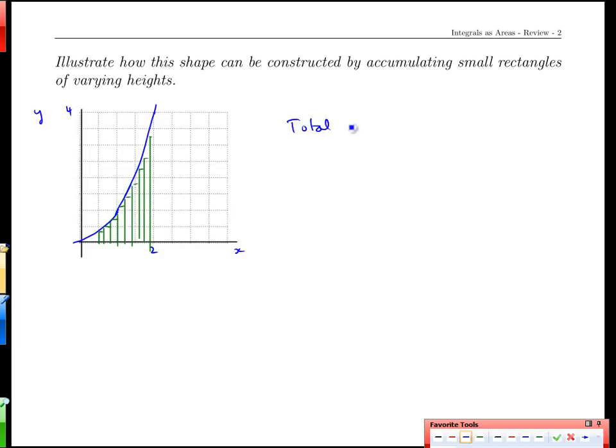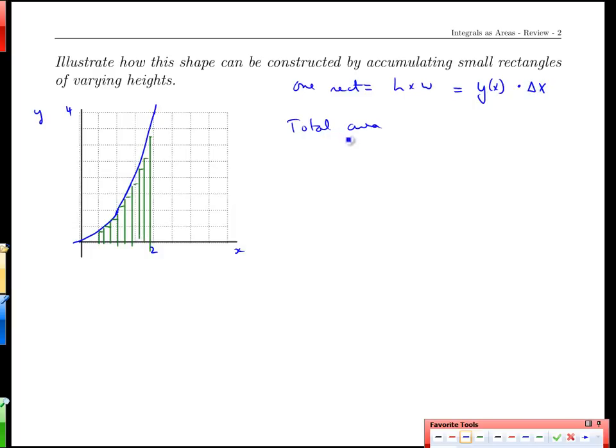And so the total area, let's actually do this in stages. One rectangle is going to have an area defined by its width and height. Height times width. And if we look at the shape of each of these rectangles, the height is dictated by the y as a function of x, times then the width, which is always a narrow delta x value.